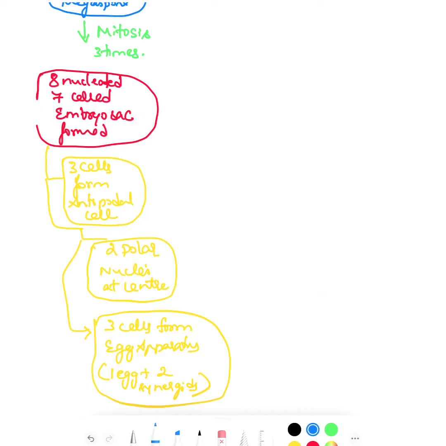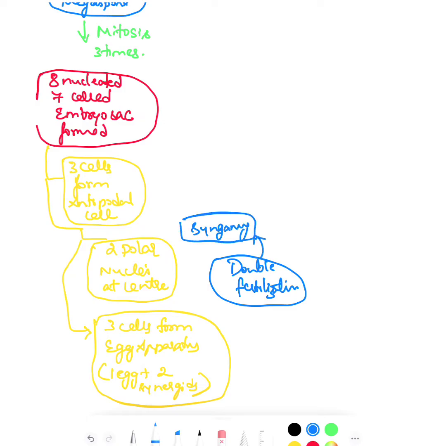After this, double fertilization will happen, and also syngamy will happen. Double fertilization, syngamy, then here it happens triple fusion.